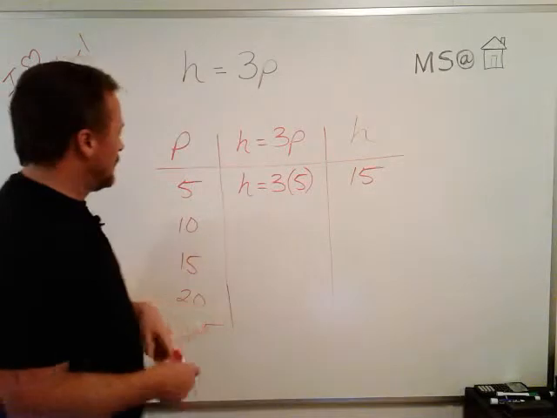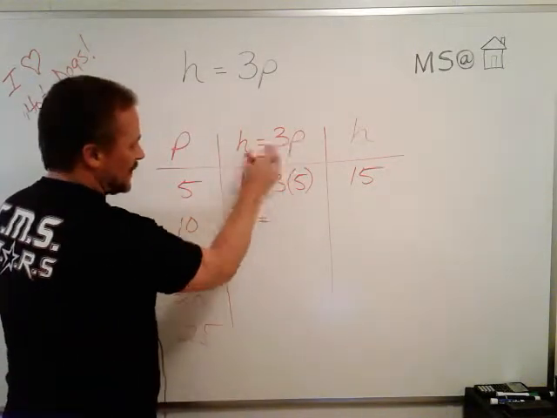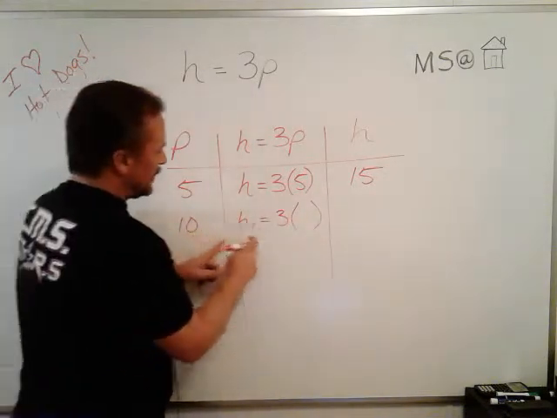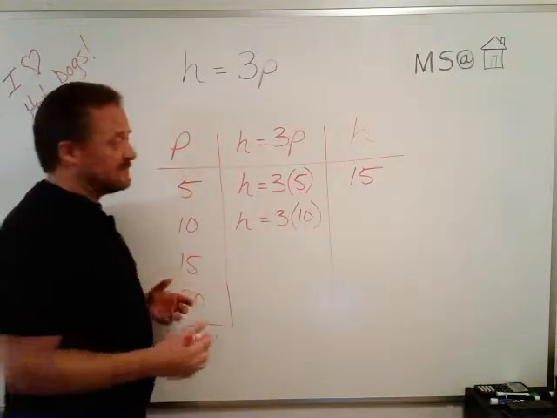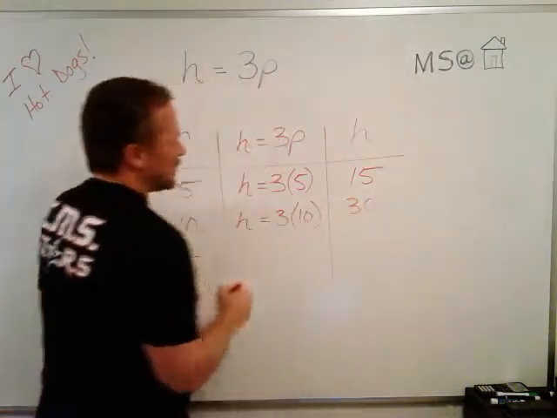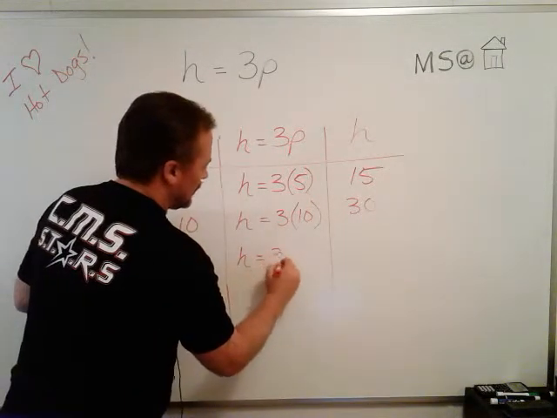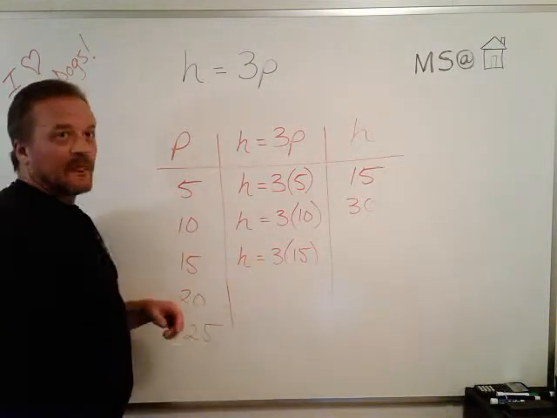All right? Next one. Again, rewrite that equation, but open up the variable for the independent variable and put in the value, and then do the calculation. 3 times 10, 30. Now we'll put in this one. 3 times 15, 45.